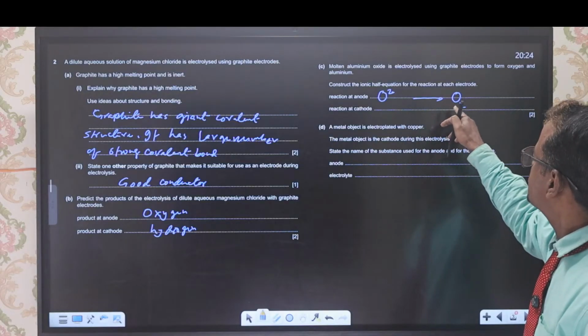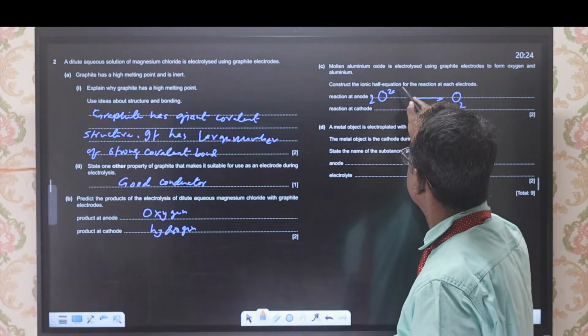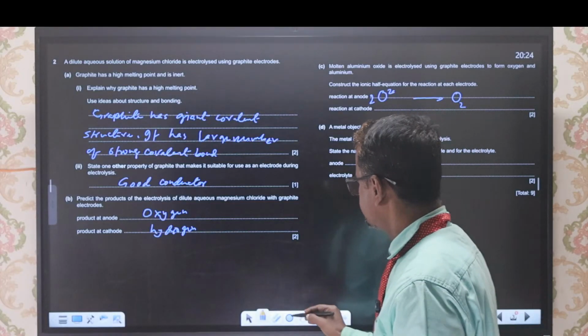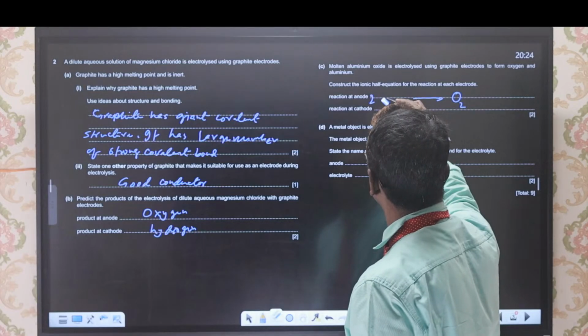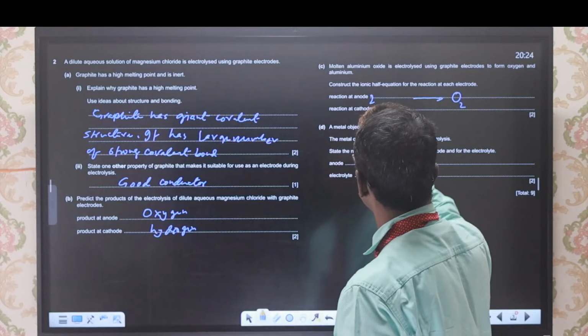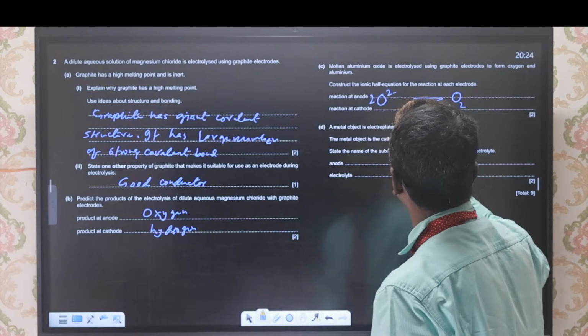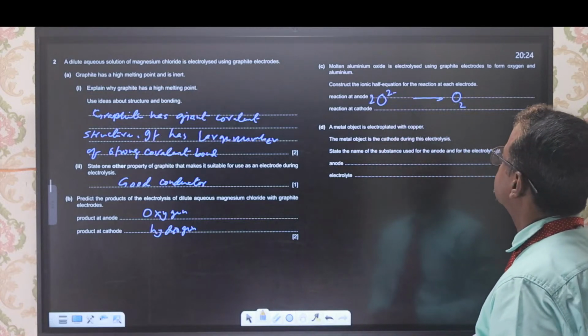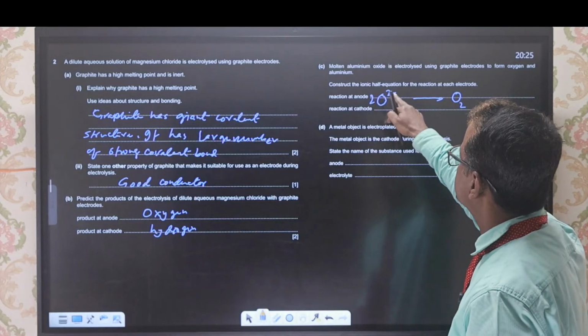Suppose there are two oxygen atoms here, it gives 2. Now balance the charge. Minus 2 and this 2, 2 times minus 2 is 4 minus.